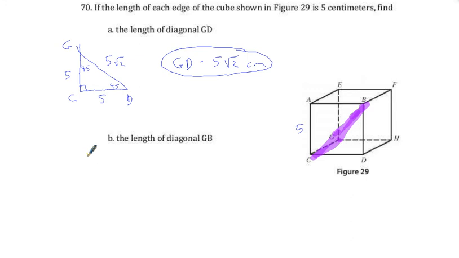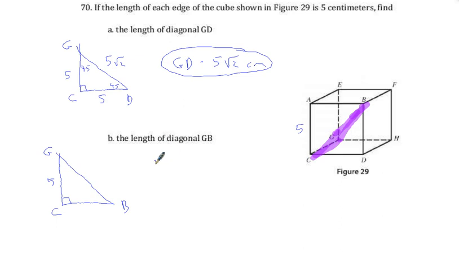So I will draw this triangle. Oh, I don't want yellow. This triangle I will draw in the same structure, but I'll label appropriately. This is G, this is now B, and this is C. I know that GC is still 5 units as it was in the problem above.